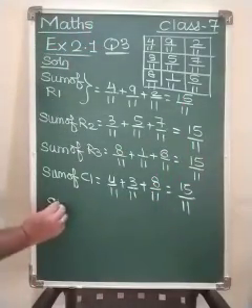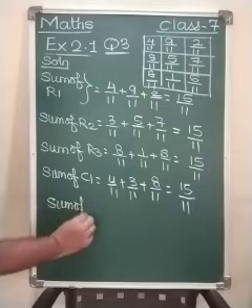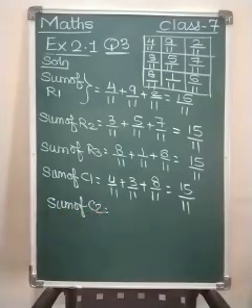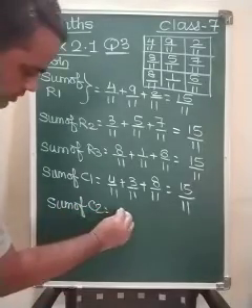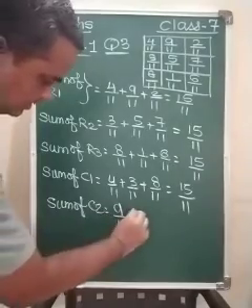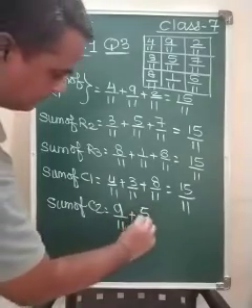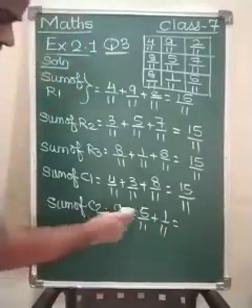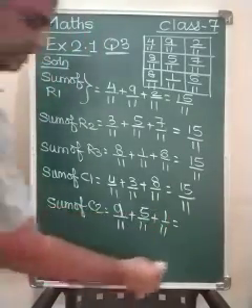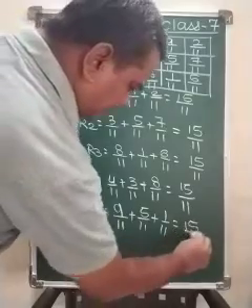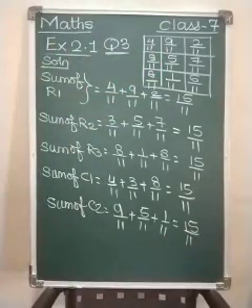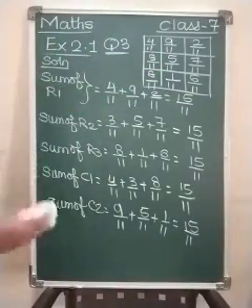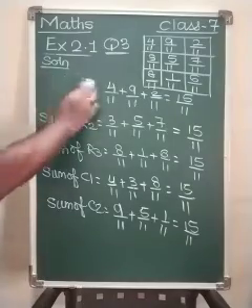Sum of C2. Sum of C2 equals to 9 upon 11 plus 5 upon 11 plus 1 upon 11. So this equals to 9 plus 1, 10, 10 plus 5, 15, 15 upon 11. Okay, sum of C3 now. Only 3 things are remaining.